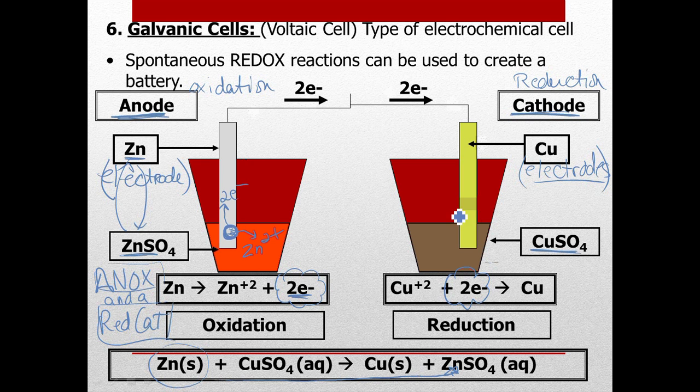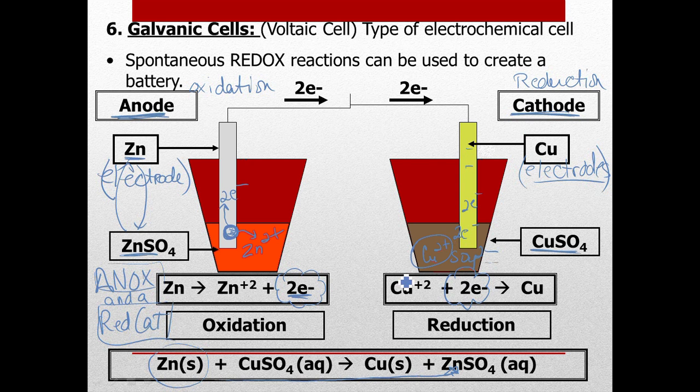Now those electrons come over here, and now this is electron rich, right? So I've got all these negative electrons. In this solution, I've got copper 2+ ions and sulfate ions. What's going to be attracted to this negative electrode? Copper 2+. Just the copper 2+, the sulfate's going to be left behind.